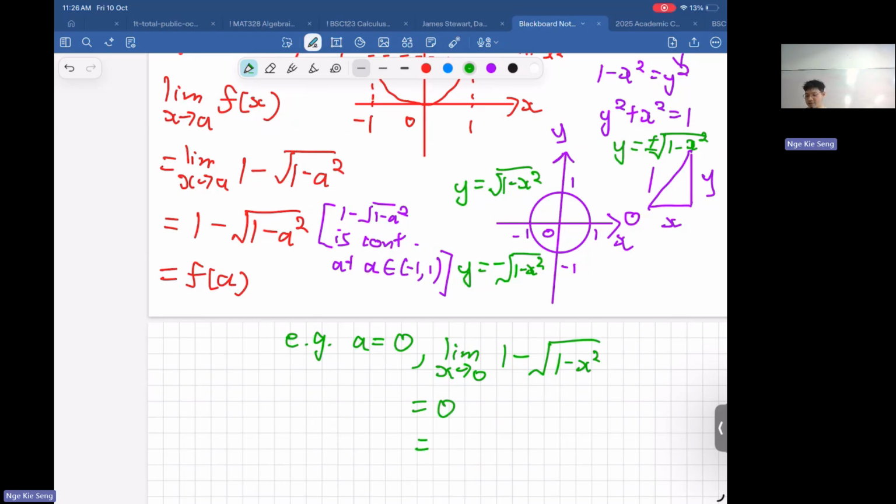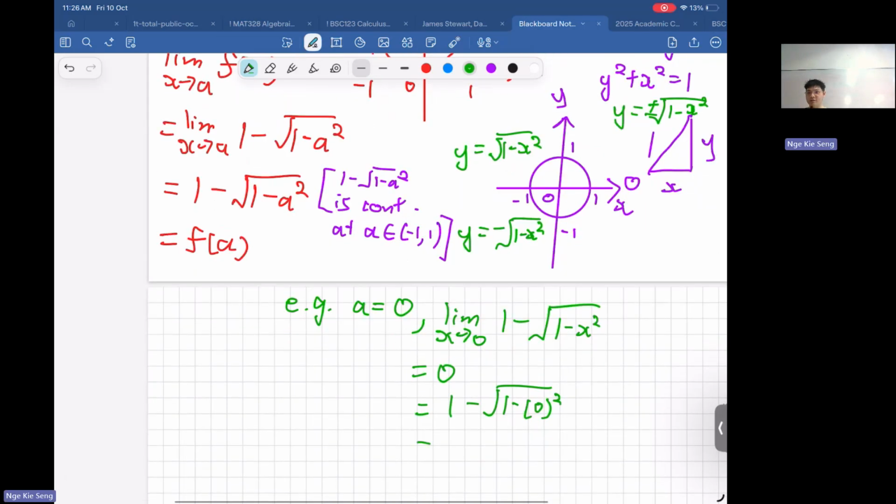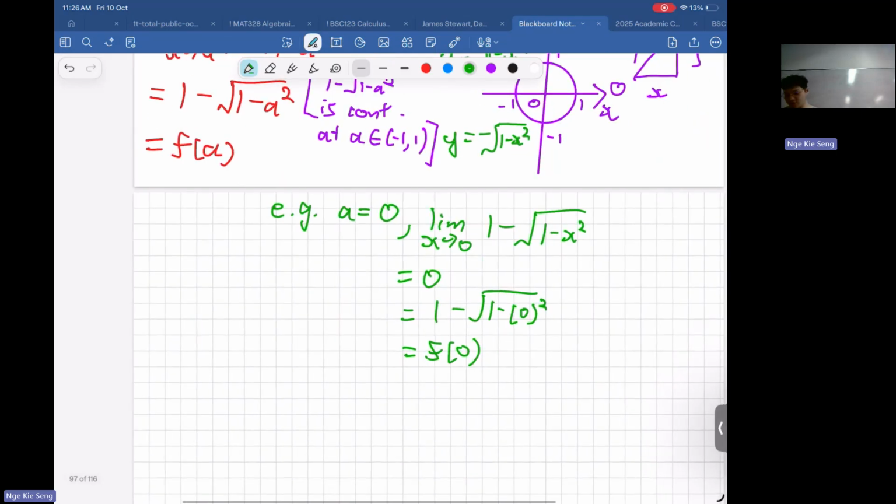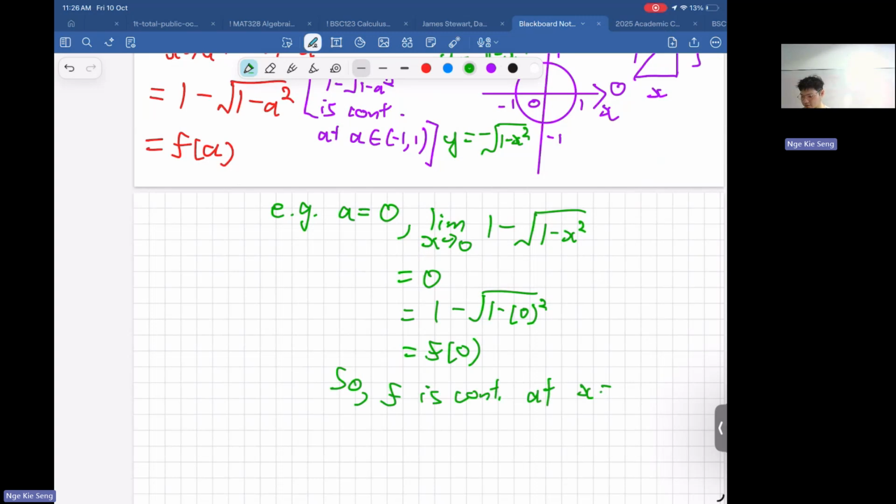You can get it by substitution, which equals f(0). So we prove that the limit of that function as x goes to 0 equals f evaluated at 0. Make sense? So f is continuous at x equals 0.